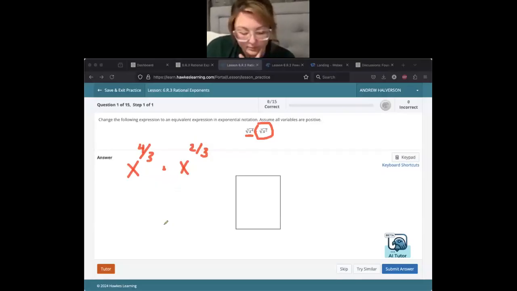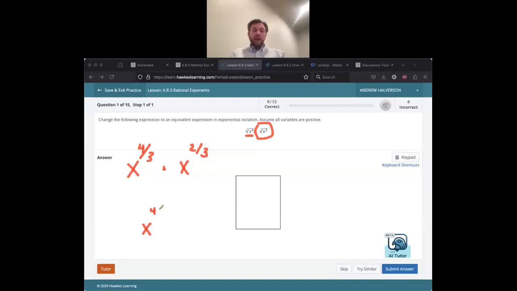We're multiplying the same base of x, so we take our two exponents and we add them together. This gives us x to the 4/3 plus 2/3 power, giving us x to the 6/3, and this fraction 6/3 in the exponent happens to simplify down to x squared.